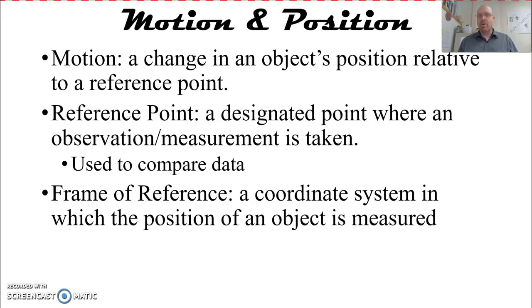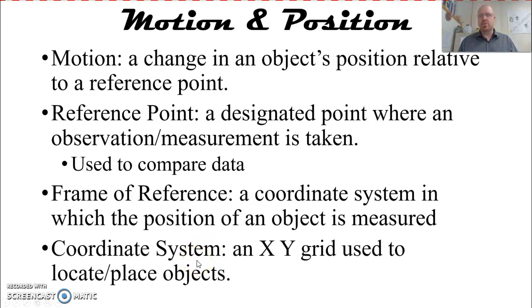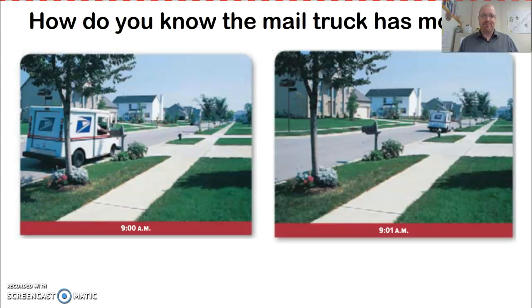But frame of reference also talks about the area or the objects that are involved in that area that we're measuring things from. So we just try to remember it's a coordinate system, and the coordinate system is an XY grid used to locate and place objects. This is the easiest way to show motion and position, when you have graph paper and it's labeled X and Y. And then we can talk about that.